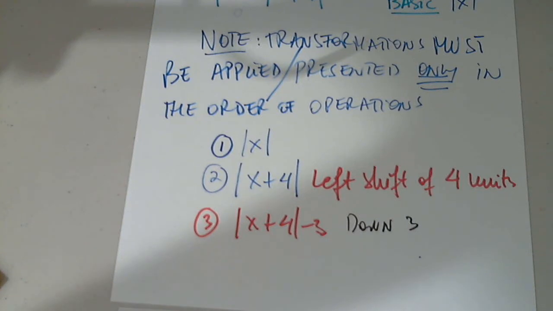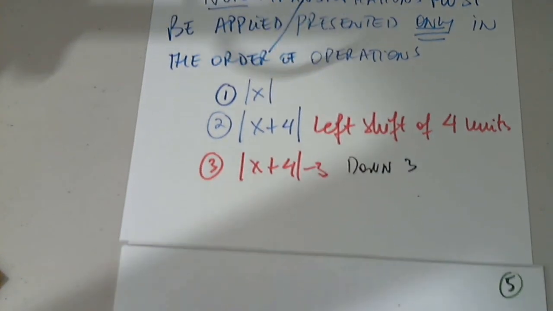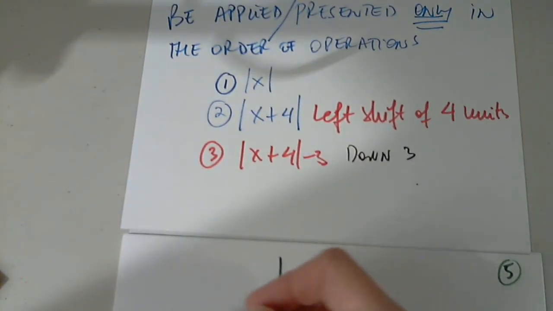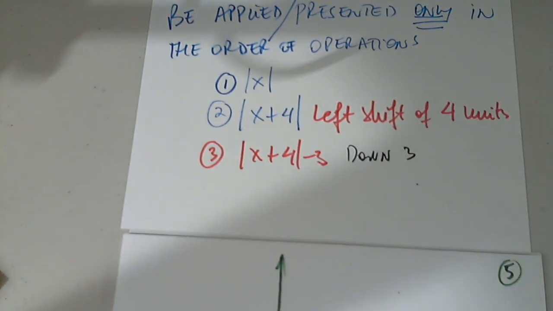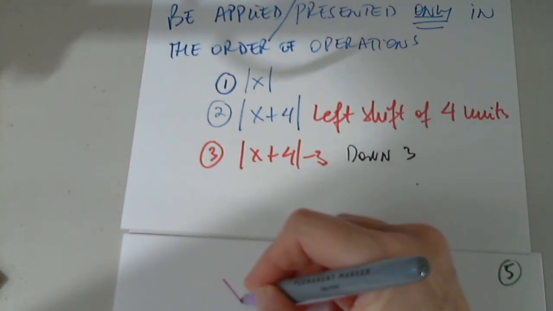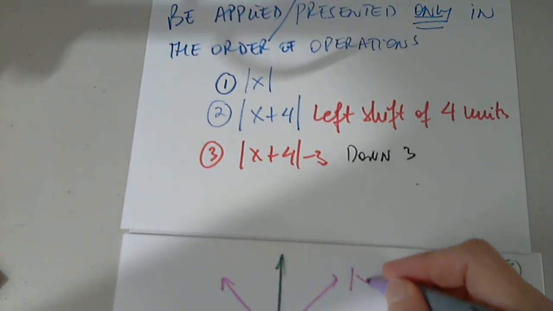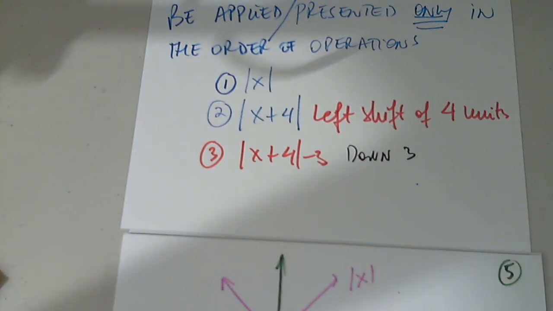Okay, so let's graph it. I'm going to graph first the absolute value of x. Here it is. Right in the middle. Then you told me to shift it 4 to the left. Fine.